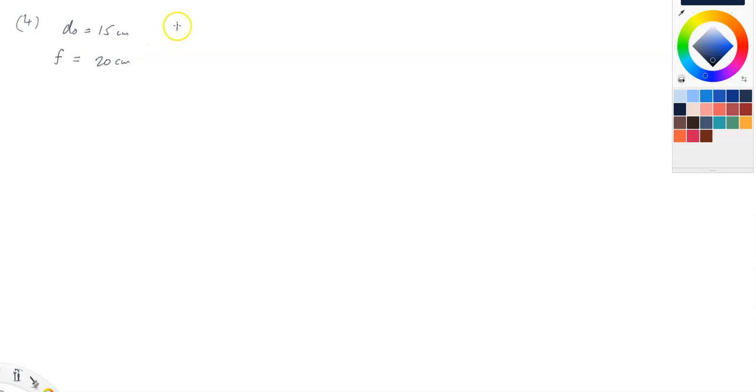Asking what's the magnification. For that we need to know what is DI. So 1 over 15 plus 1 over DI equals 1 over 20. I would take 60 as the common denominator. 4, 3.